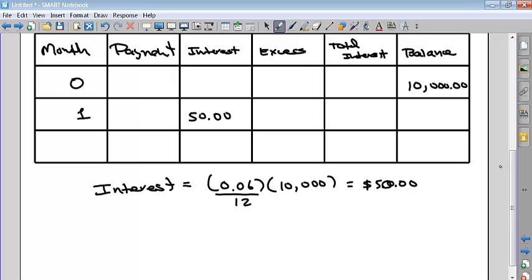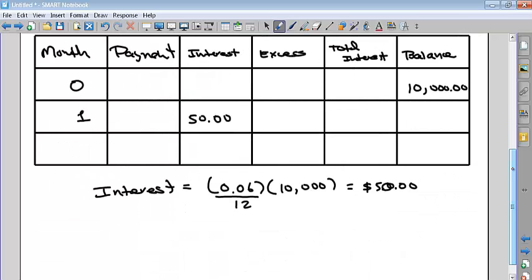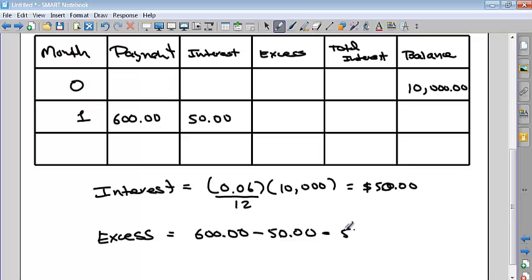Now my payment I specified is $600. Okay, so $600. Because I'm paying more than the interest, that's the excess. So I take this minus that. So I'll say excess is equal to the payment minus the interest. So that's $550.